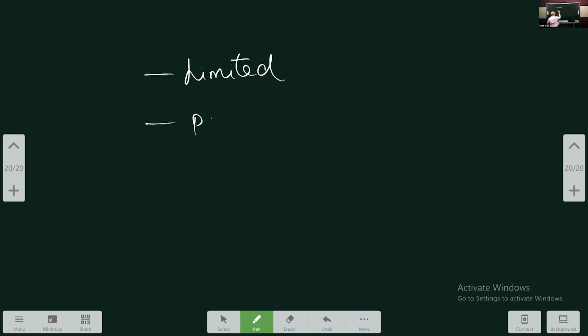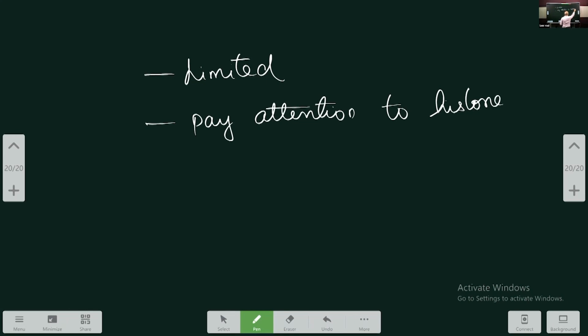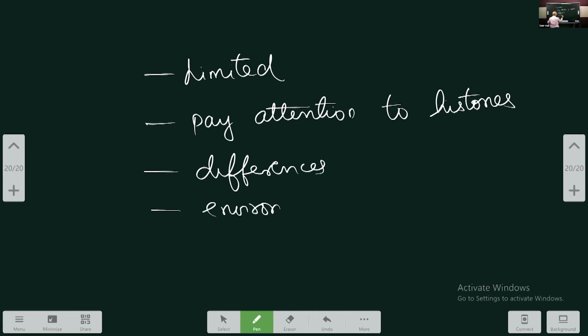Second, pay attention to history. Pay attention to unique histories, and also pay attention to the differences. Pay attention to the role of environment.